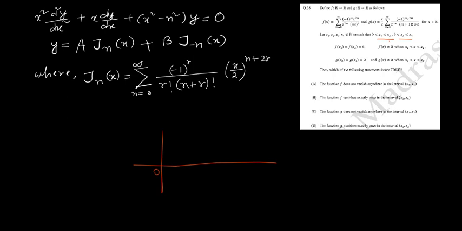This is the origin x equal to 0, and here is x1 and x2. x1 is less than x2 but greater than 0. And x3 may be less than x1, or between x1 and x2, or x3 greater than x2.